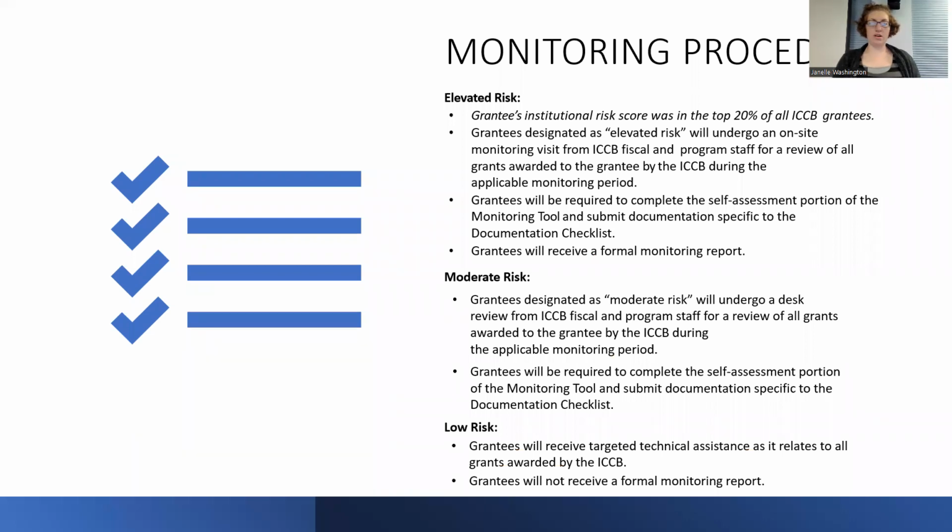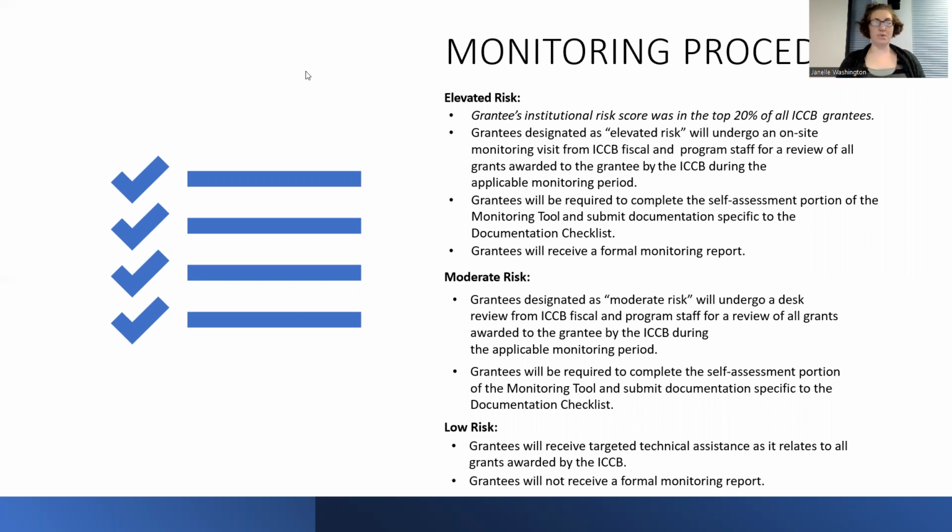So for the procedures involved with monitoring, there are three levels of risk designation: elevated, moderate, and low risk. Grantees that are in the elevated category received an institutional score in the top 20% of all ICCB grantees, and will receive an on-site monitoring visit from ICCB fiscal and program staff for a review of all the grants awarded by ICCB during the applicable monitoring period.